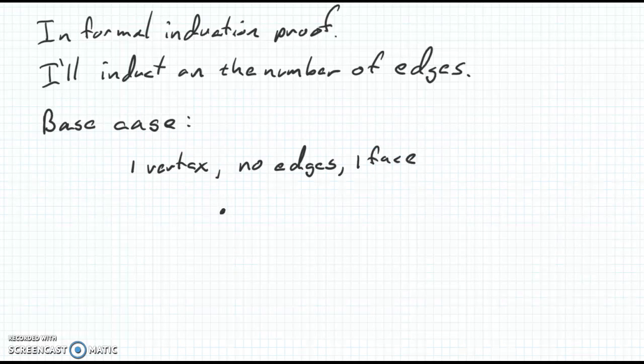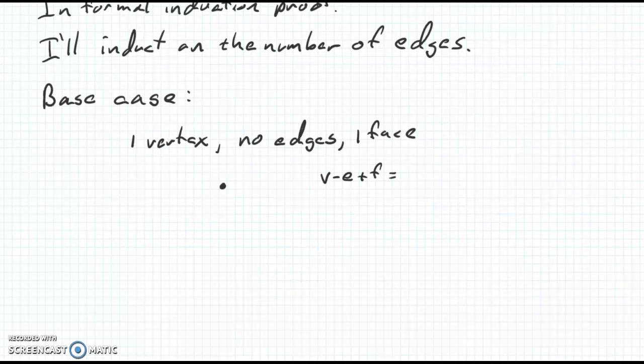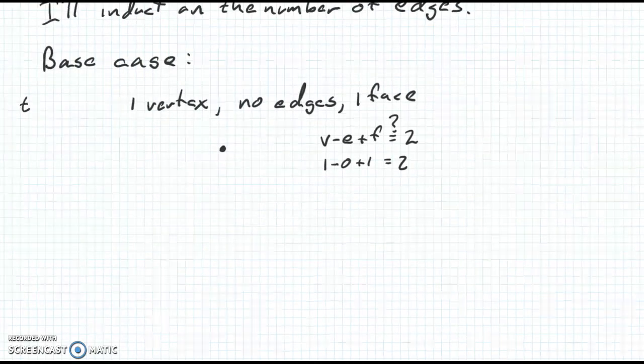Here's a picture of that graph. It's a vertex, and the face is everything around it. Of course, vertices minus edges plus faces has to be equal to 2 for Euler's formula to follow. Of course, there's one vertex, 0 edges, one face. That's 2.